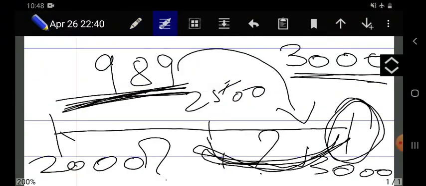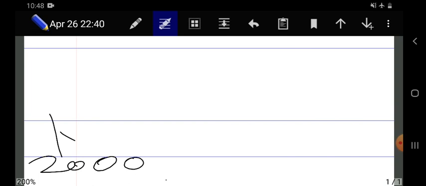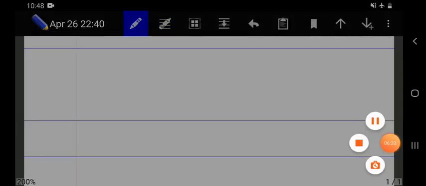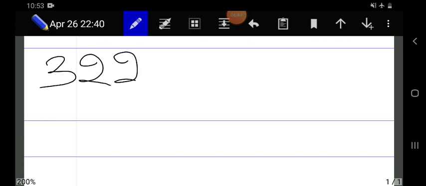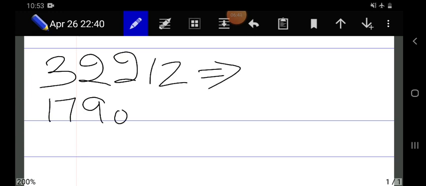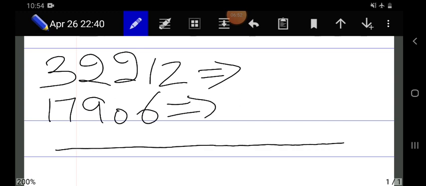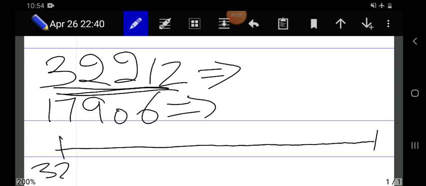The numbers were 32,212 and 17,906. We have to estimate both these numbers following method number 2. This number lies between 32,000 and 33,000.